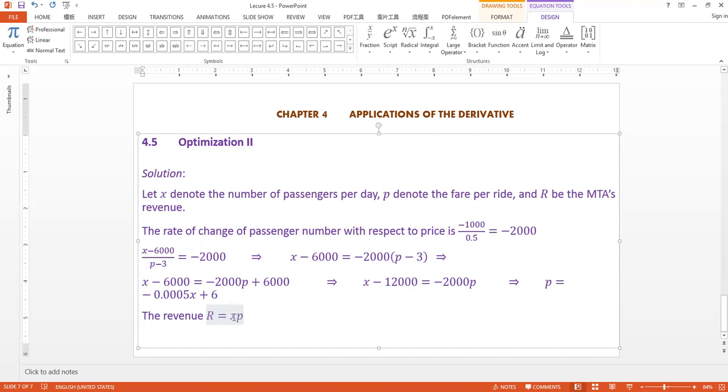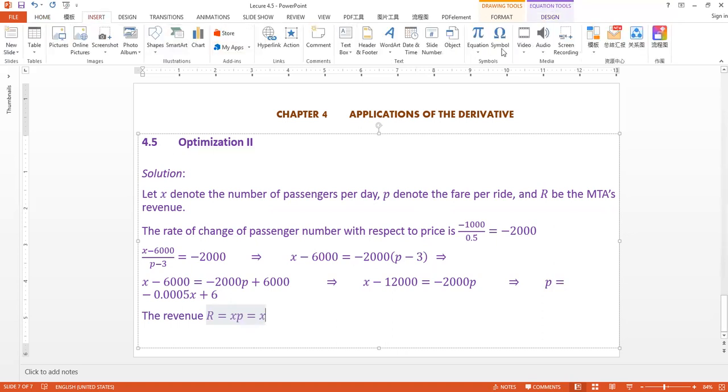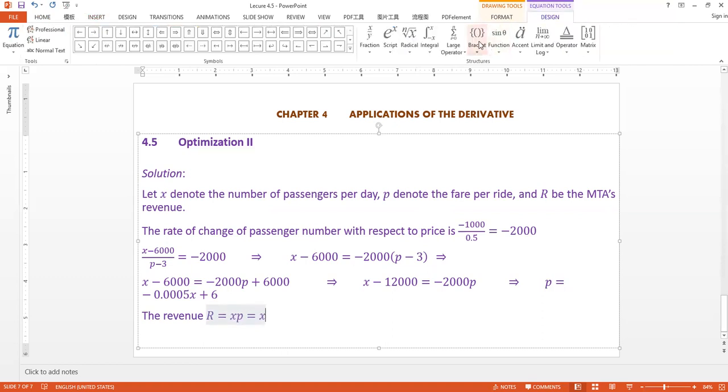Okay, the number of passengers times the price per ride per passenger. So that's x times this function, where p is negative 0.005x plus 6.